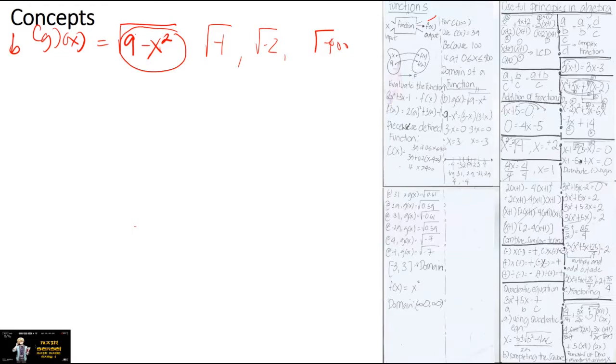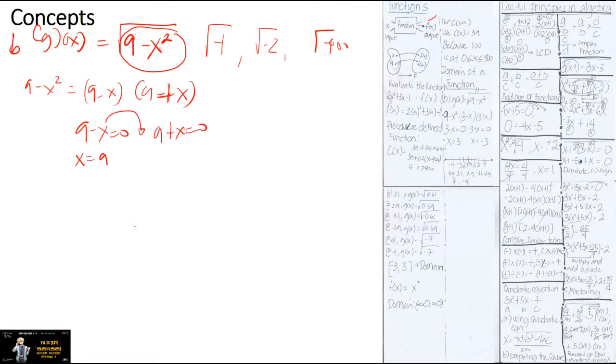Madaling sabi, ito daw ay 9 equals 0. So x is equals to 9. Transpose sa kabila, naging positive. Pwede namang 9 is equals to x, pinag-mirror ko lang, wala nang problema yan.